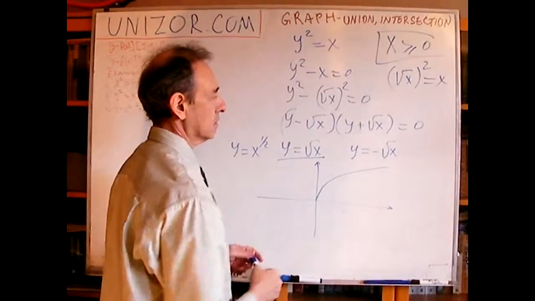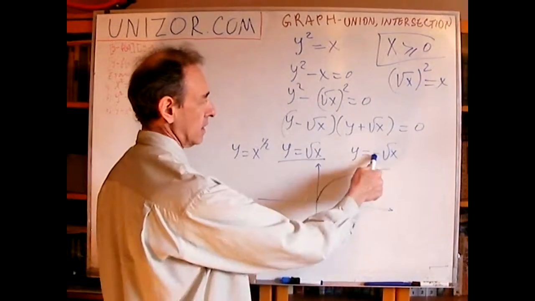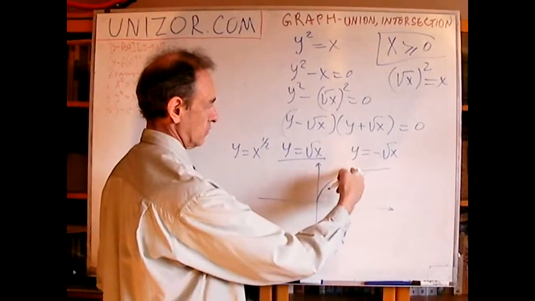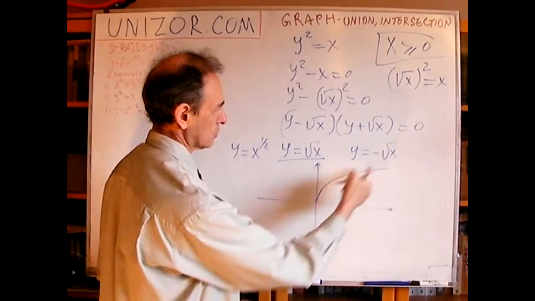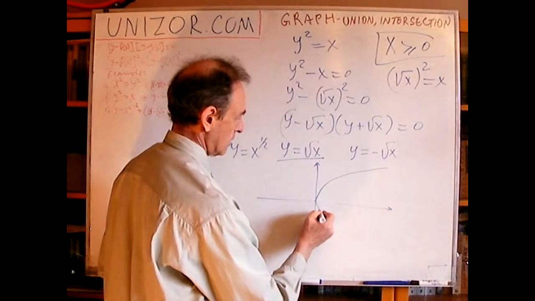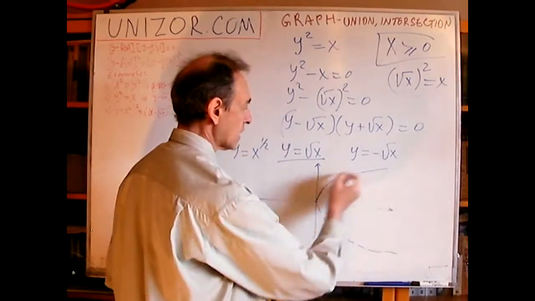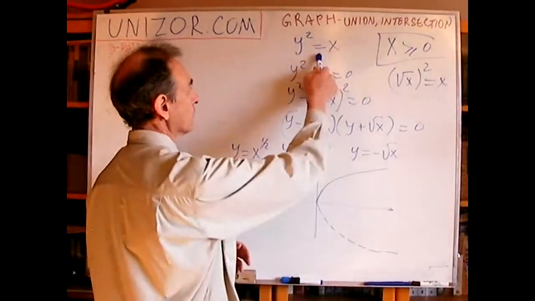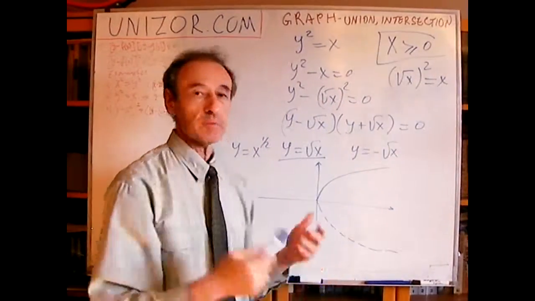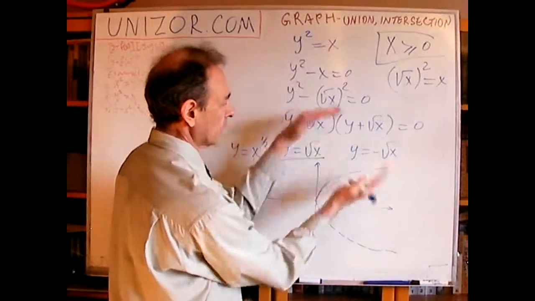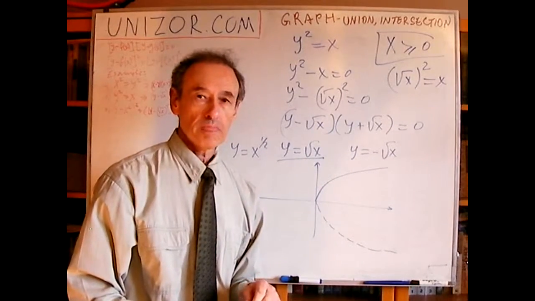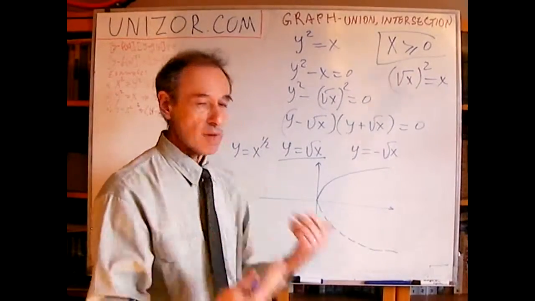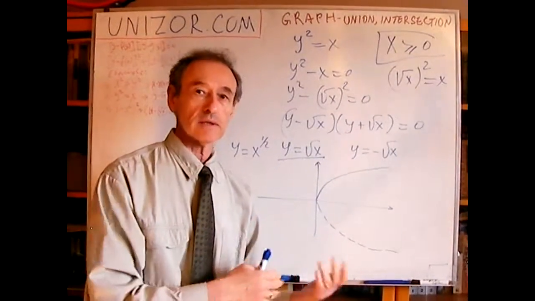Now this one is basically the same, just symmetrical relative to the x-axis. Whatever positive y, now you go to a negative y. So the combination of these two lines gives you the graph of the original function. So we have exactly the same curve, which is the original parabola symmetrically reflected relative to the bisector.